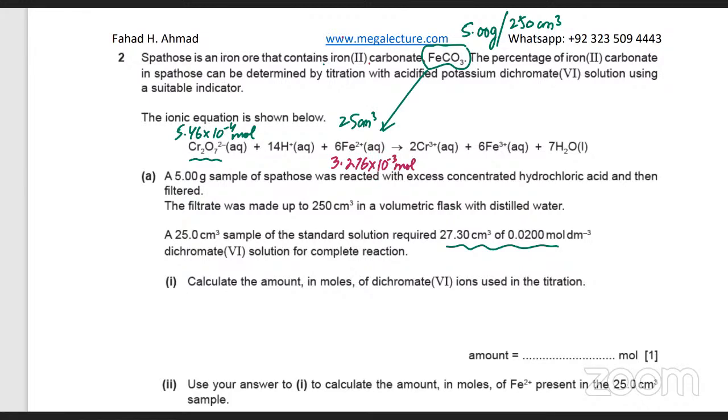But remember that moles is in 25 cm cube. The original solution was 250 cm cube. So if 25 has this many, 250 is going to be 10 times more, so multiply the moles by 10.